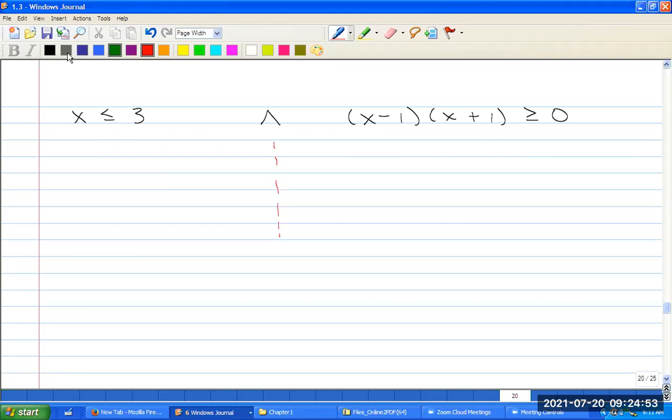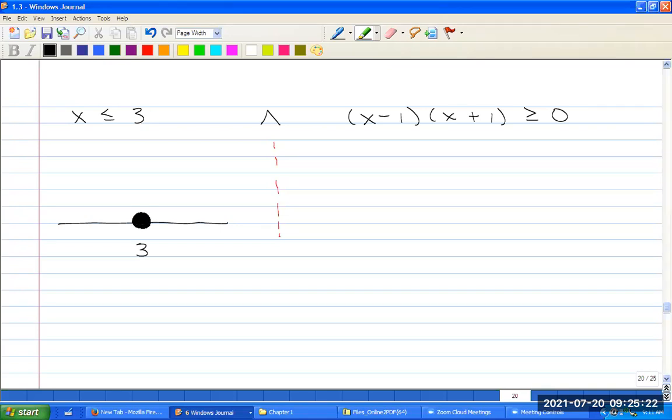So if I look here, I have 3. Well, I want that x is less than or equal to 3. So I fill in the 3.